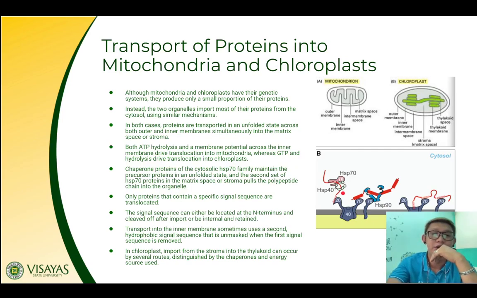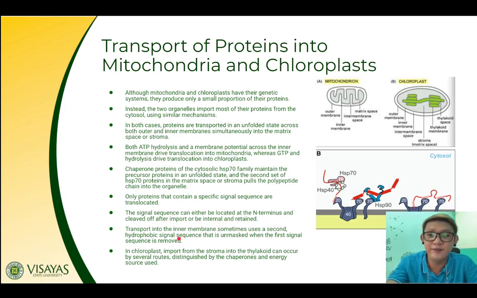So in order for it to be protected, HSP70 will be bound to it. Only proteins that contain a specific signal sequence are translocated across the membranes of the mitochondrion and the chloroplast. The signal sequence can either be located at the end terminals and cleaved off after import, or be internal and retained.